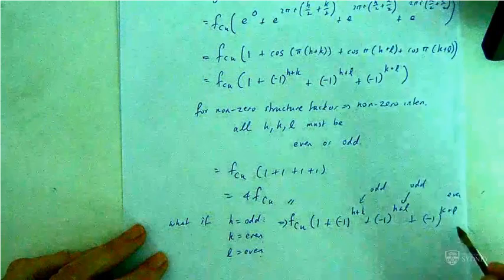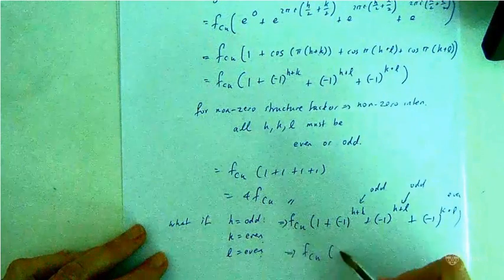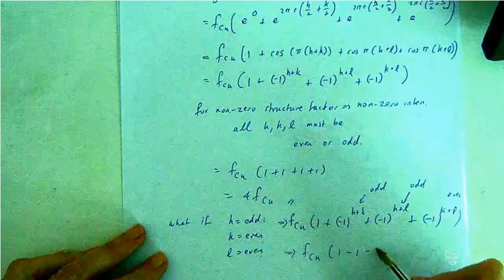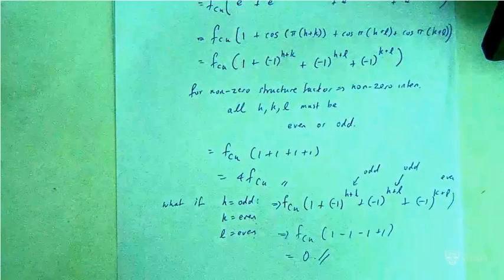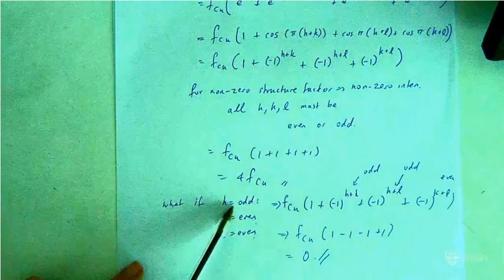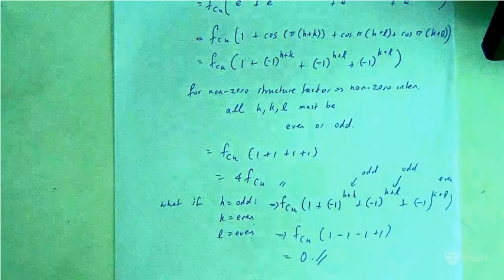So you can see that you're going to get some cancellation going on. To convince yourself you can try some other combinations, but unless they're all even or all odd, you'll always get a 0.